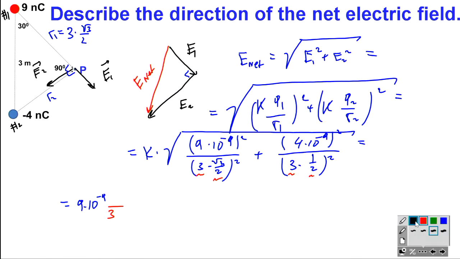Squared and square rooted. 1/2. 10 to the negative 9, 10 to the negative 9. Squared and square rooted. 10 to the negative 9. What's left inside? 9 squared over the square root of 3 squared plus 4 squared.